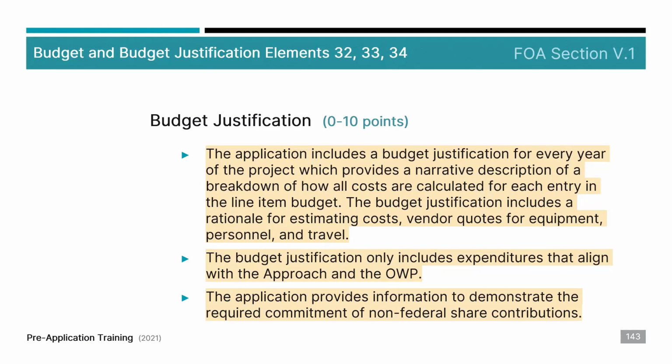So if you do that, and then you use both your project implementation plan and your OWP to fill out your budget, you will have assured yourself that you have those three components in alignment here. So you need to align the budget, the approach, and the OWP.